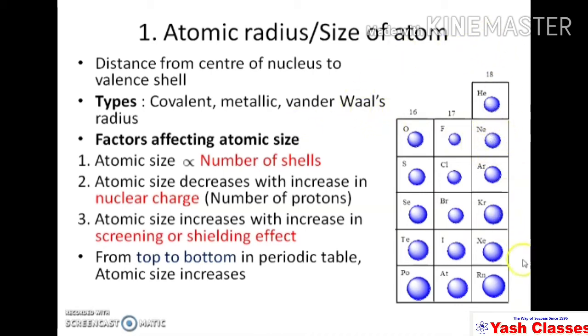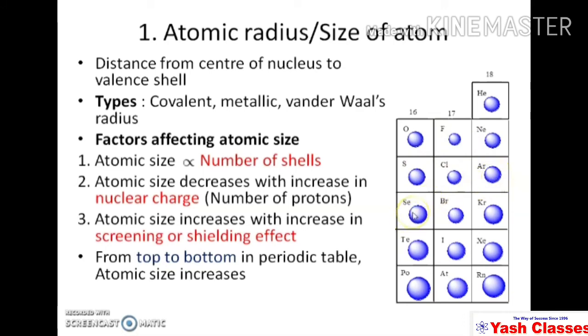Actually, the noble gases generally have a little bit higher atomic radii than expected, because their outermost shell is completely filled. So from oxygen to fluorine, size decreases and then slightly increases for neon. Similarly, from sulfur to chlorine, it decreases and slightly increases for argon.